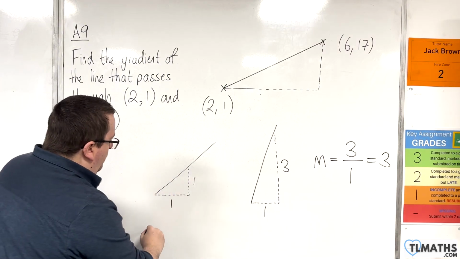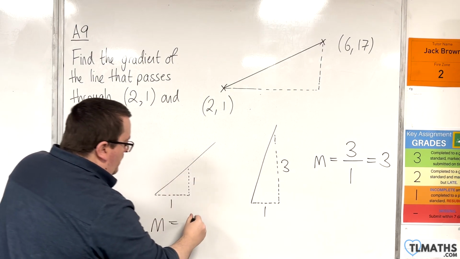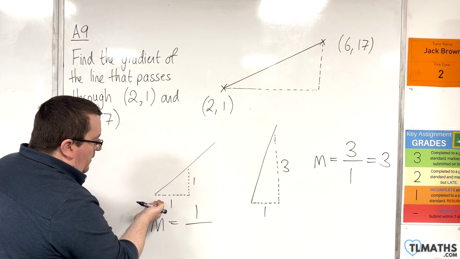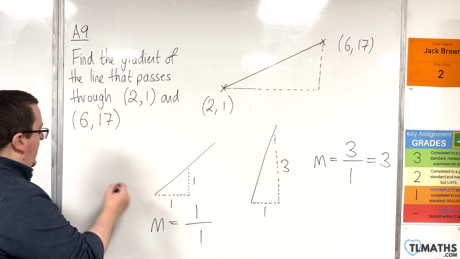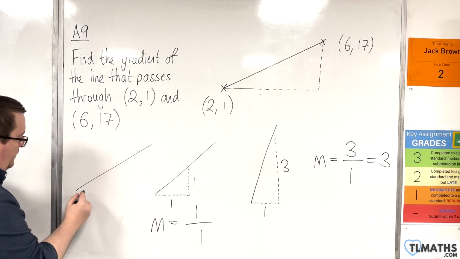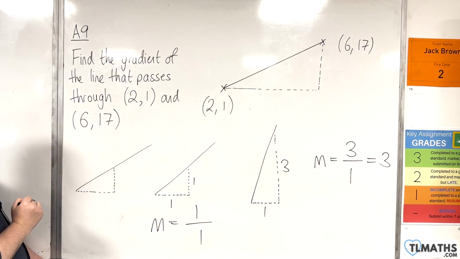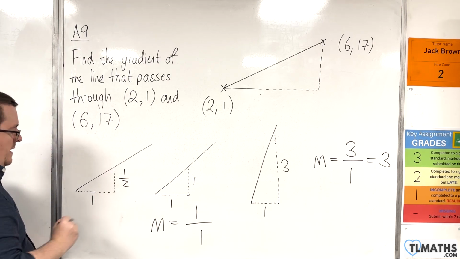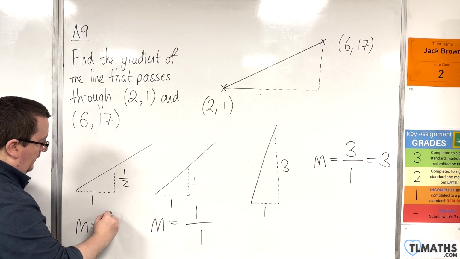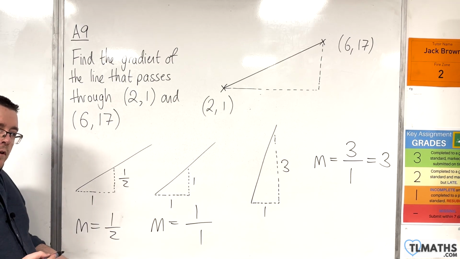And in this scenario, the gradient is the y difference, so 1, divided by the horizontal difference, 1. So if I had a line that did this, and I knew that for every 1 I was going up a half, for example, then I know that the gradient is 1/2 divided by 1. Okay?